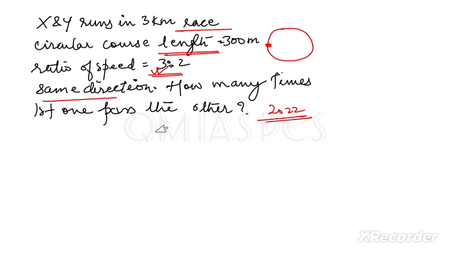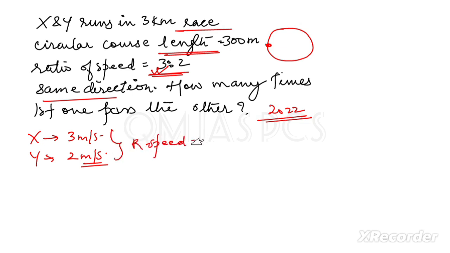So the relative speed of both persons, X and Y: we are considering 3 meter per second for X and 2 meter per second for Y. They are moving in the same direction, so the relative speed will be 1 meter per second.